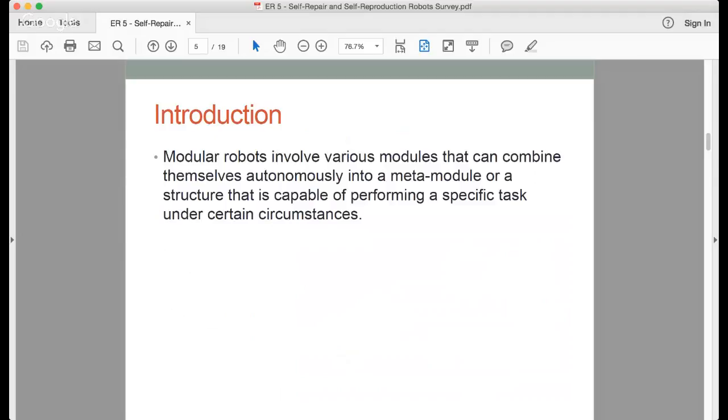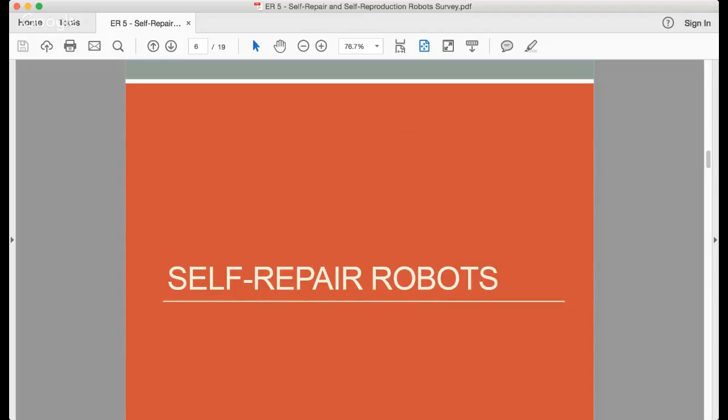In the last meetups, we mentioned that modularity benefits include the capability of self-assembly, self-reconfiguration, and today we're going to cover self-repair and self-reproduction. So what are the benefits of self-repair and self-reproduction? Now we're going to see. And we will start by discussing self-repair robots.